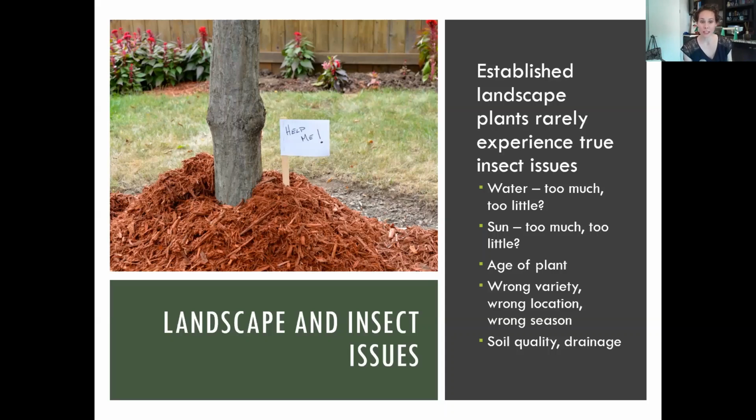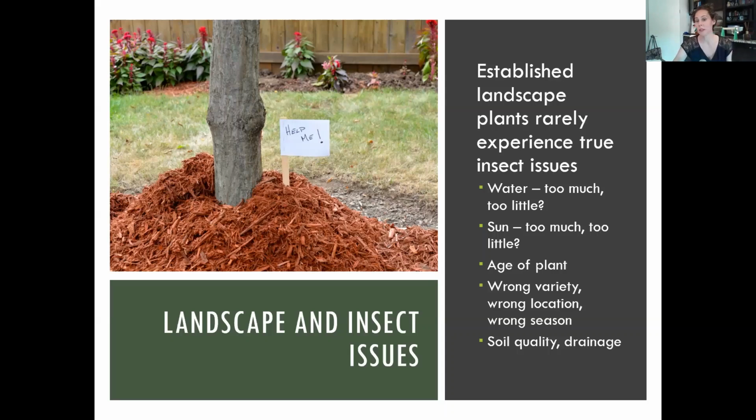So if you're finding that on some of those what should be established plants you're having an insect issue, then there are some cultural things that you want to consider. Like, is there too little or too much water? Are they getting not quite the amount of sun that kind of plant wants? I always ask, how old is that plant? Because not every plant lives forever. There is a finite lifespan to many plants.